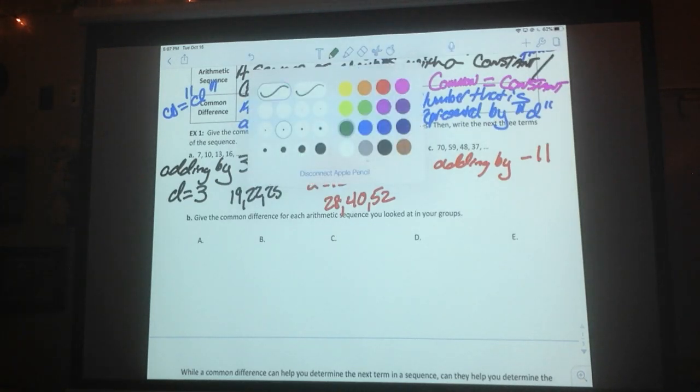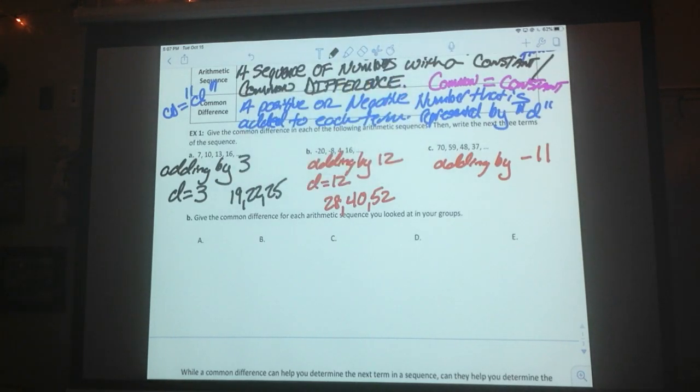Adding and subtracting are basically the same idea in terms of negative numbers, but we want to use the word adding. So d is equal to negative 11. And the next three would be 26, 15, and 4.